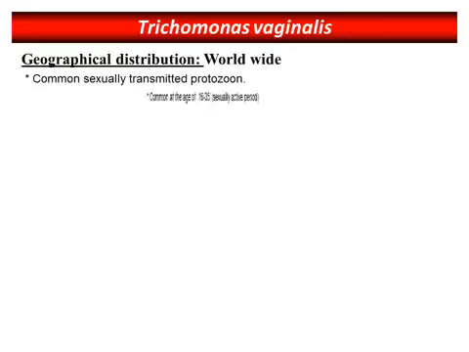Now we have Trichomonas vaginalis, which causes the disease trichomoniasis. Geographical distribution: worldwide. A common sexually transmitted protozoan, common at the age of 16 to 35, the sexually active period.